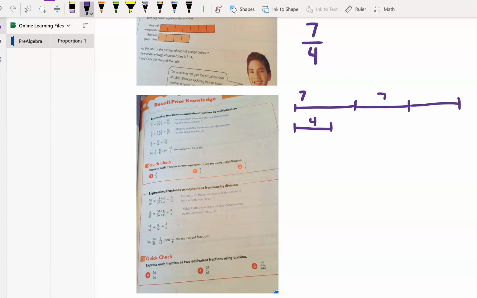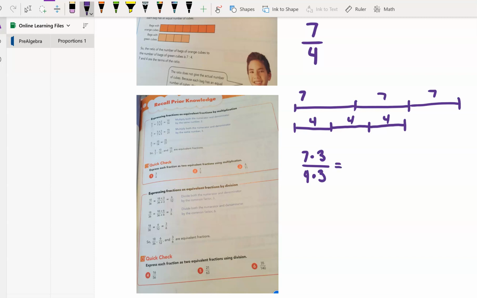So I'm going to make this one 3 times bigger, and this one 3 times bigger as well. So what's happened here is your 7 has been multiplied by 3. The dot is used for multiplication as well as an X multiplication sign. So that little dot means multiplication. And your 4 has also been multiplied by 3.